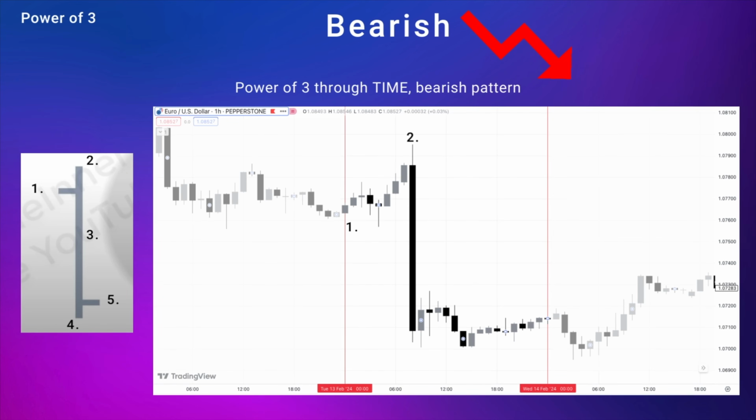Point number 2, forming the high of that day. Point number 3, going lower and lower, in this case due to the news, and then forming the low of that day in point number 4. Finally, closing that day close to point number 4, and so close to the low of that day.